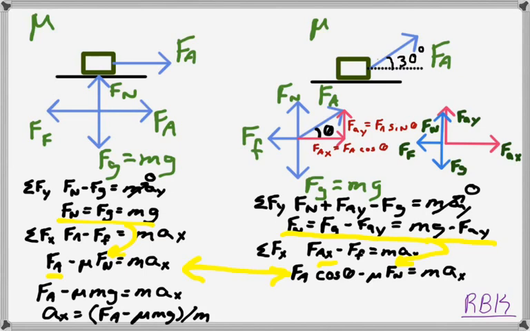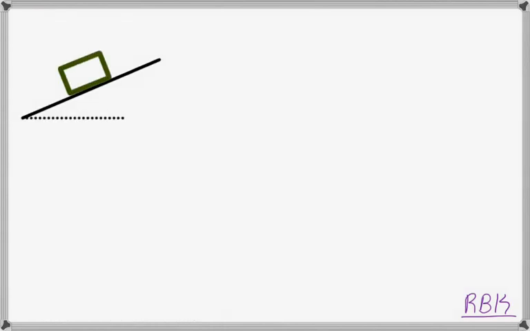Here we just have the force applied minus coefficient of friction times force normal causes the object to accelerate in the x direction. Here we have force applied in the x direction minus coefficient of friction times force normal causes the object's mass to accelerate in the x direction. So that's pretty much the entire concept right there. Then we can move on to our next page.